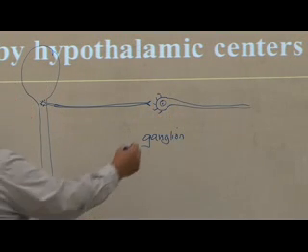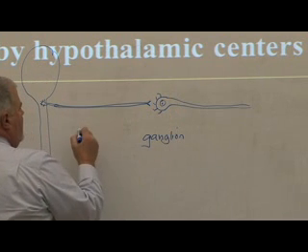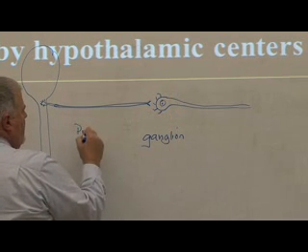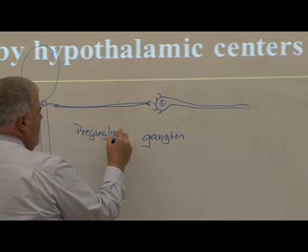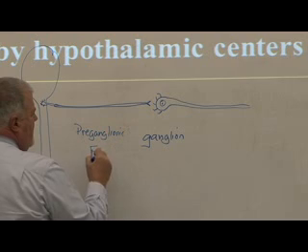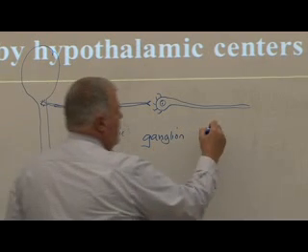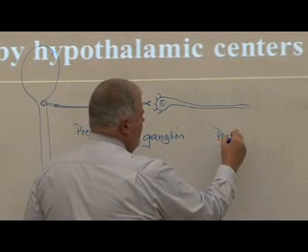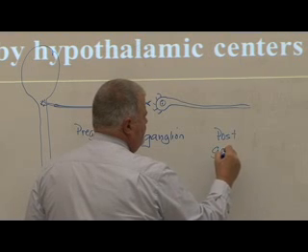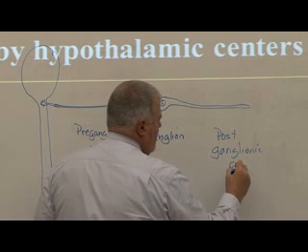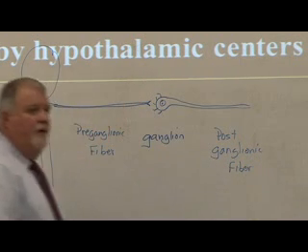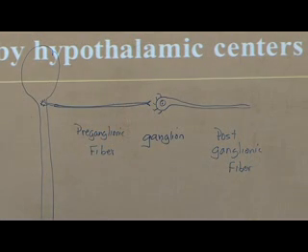So since the ganglia is our reference point, we're going to call these preganglionic fibers. And then we're going to call these postganglionic fibers. So the basic pattern we're going to look at is using the ganglia as a reference point.